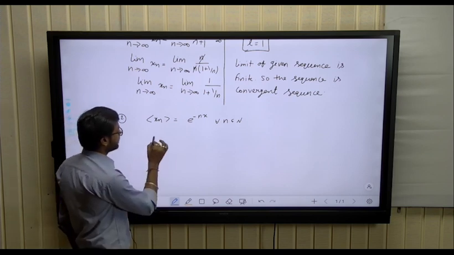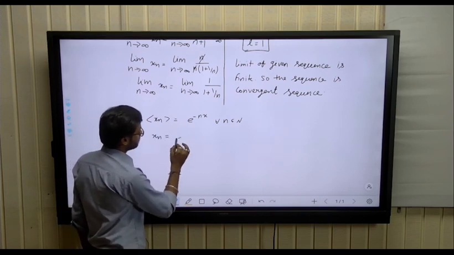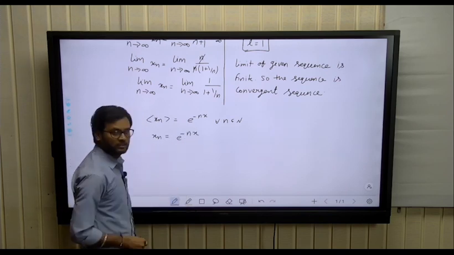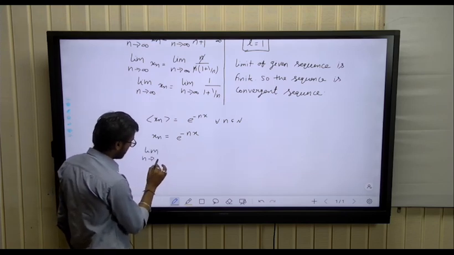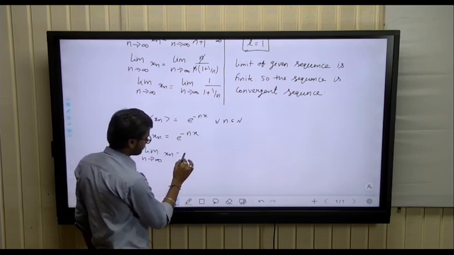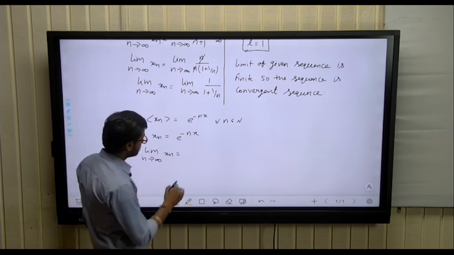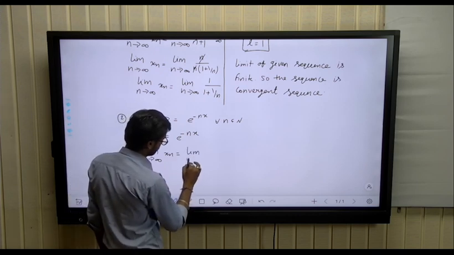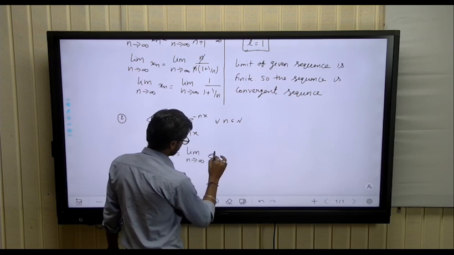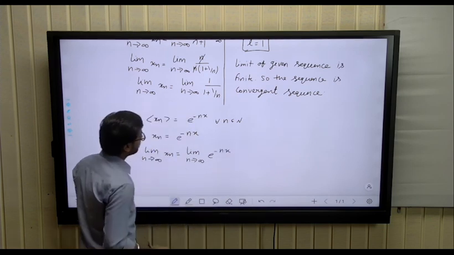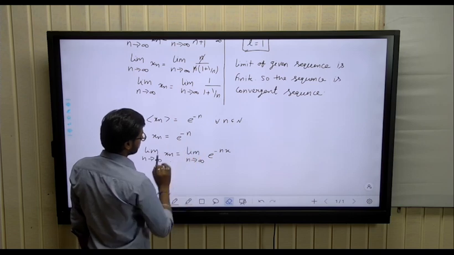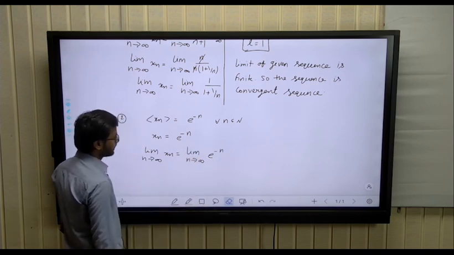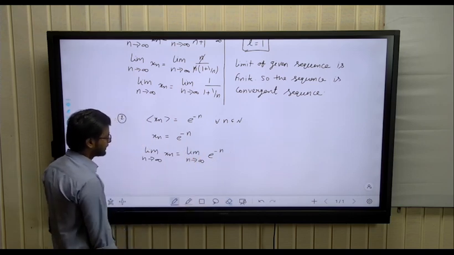So now we find the limit of the sequence xn equals e to the power minus n. So we take the limit n tends to infinity on both sides. Sorry for that, there is no x here. The sequence is e to the power minus n only.